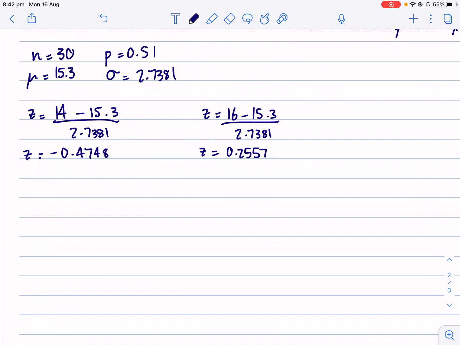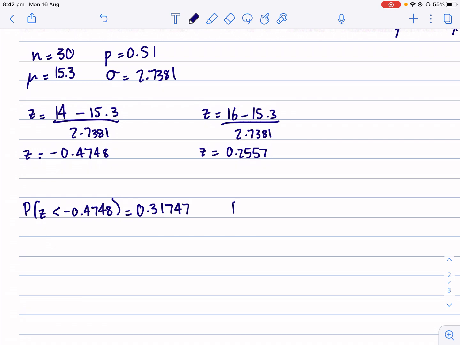So for 14, the probability of getting a z-score of less than negative 0.4748. Again, on the calculator, shift 1, 5, and then 1, and then I had negative 0.4748. Gave me 0.31747.